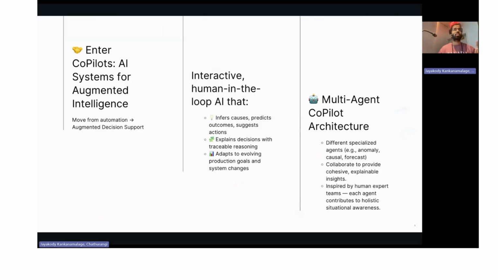All these agents work independently, but again produce a cohesive output, in our case for manufacturing, and they collaborate to provide, as I said, cohesive and explainable insight. It's inspired by human expert teams. That means each agent contributes to holistic situation awareness, so it's able to understand and get information.